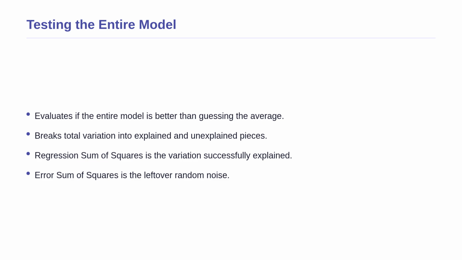First, we have the variation that our model successfully explains. Second, we have the leftover variation, or the random noise, that our model cannot explain. By comparing this explained variation to the unexplained variation, we can judge the overall quality and usefulness of our model. If the model is good, it should explain a large portion of the total variation.